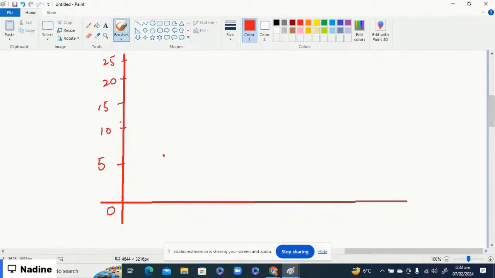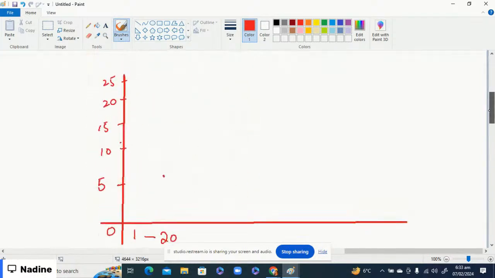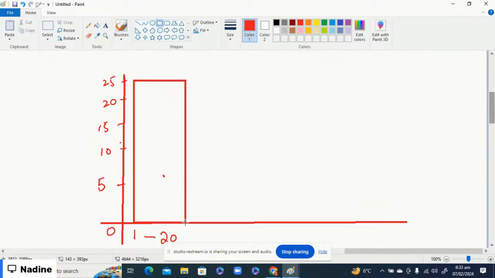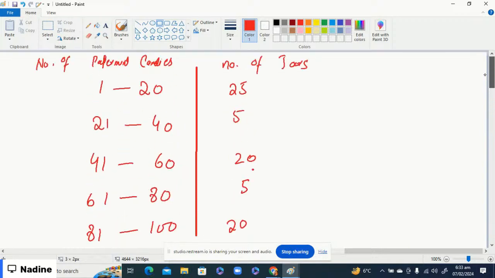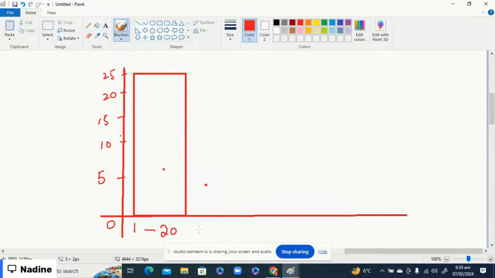Now this is from 1 to 20. How much of it? 1 to 20 is 25, so we move it from this one. So from 1 to 20 it's 25. This is the width, and its height is 25. This is the first one. Now for the second one, 21 to 40 it's only 5.